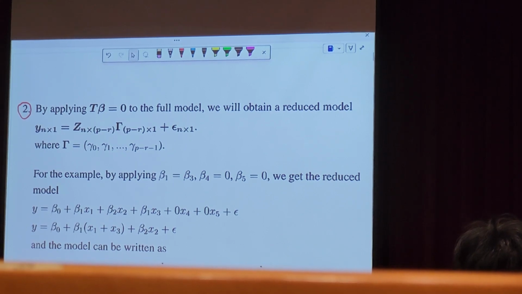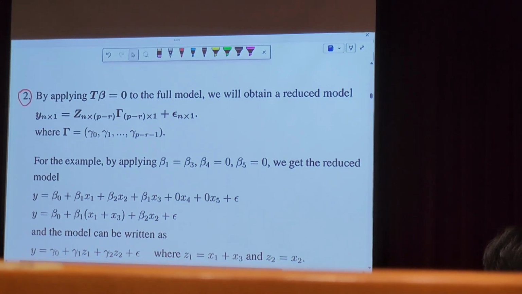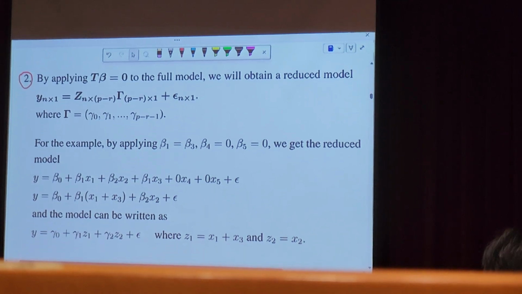Alright? So, that's the theory. Sometimes it's hard to understand this statement. What do you mean applying this, you get a reduced model? So again, if you look at an example, it will become crystal clear.